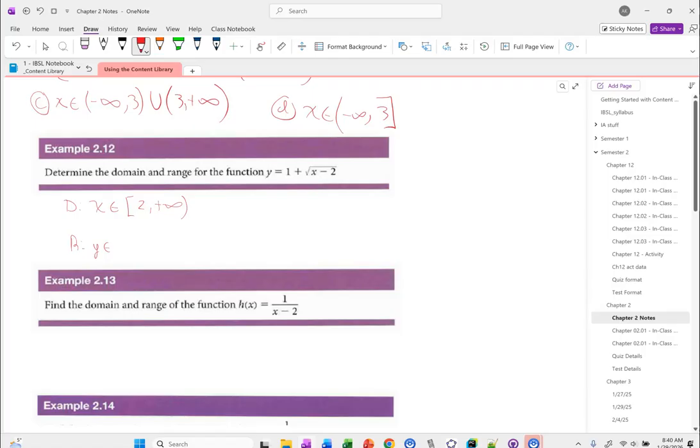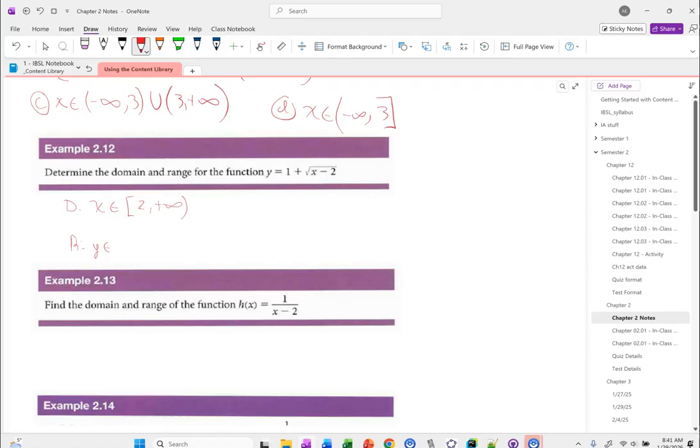Okay, if I plug in, say, let's pick another one, maybe I plug 6 in for x, what comes out? 3, right? 6 minus 2 is 4, the square root of 4 is 2, 1 plus 2 is 3.